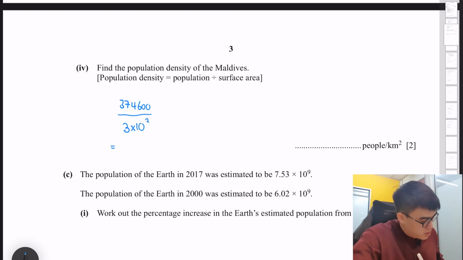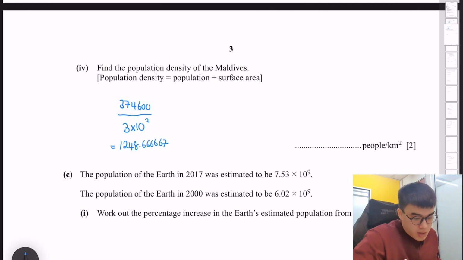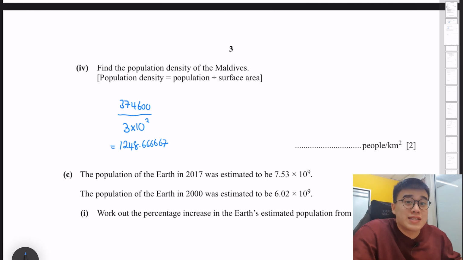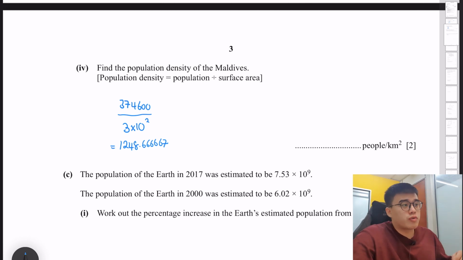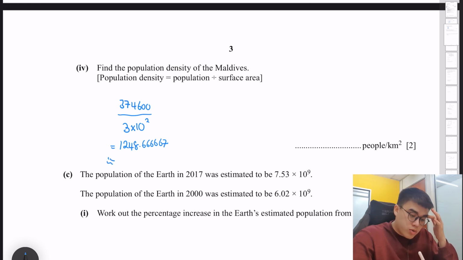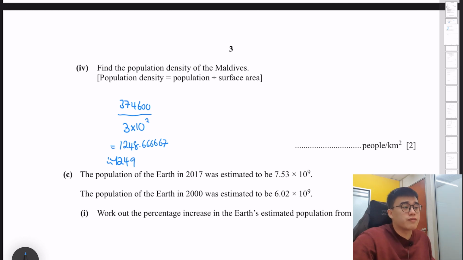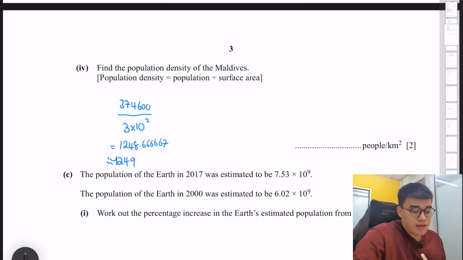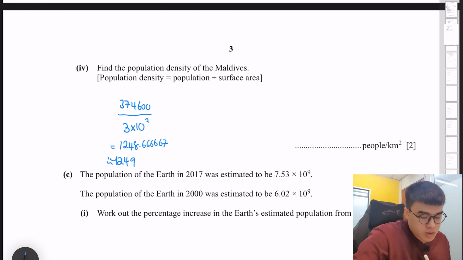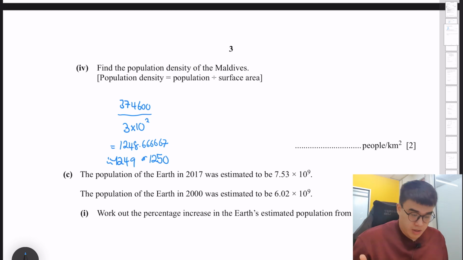This, you will get your result as... However, there's no decimal place required, so you're required to round this to 1249, or if you write it in 3 significant figures, then it will be 1250. Both are accepted for this particular question.